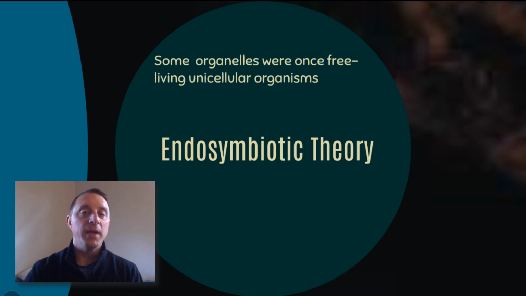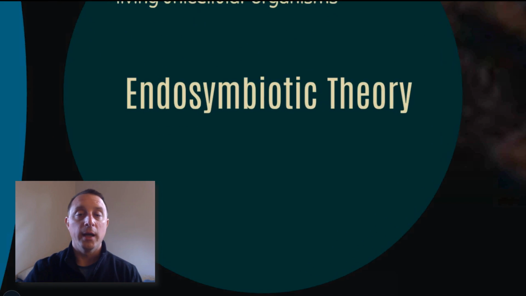So the idea behind the endosymbiotic theory is that these organelles were once free living organisms that were brought into an existing cell, and instead of being digested for food, for energy, they actually ended up living inside of this cell and evolving to become this dependent organelle.